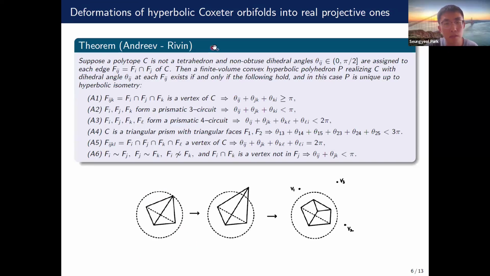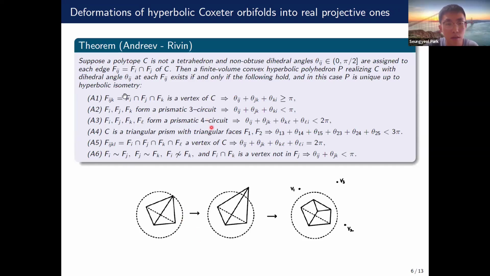A Coxeter orbifold is basically a convex polytope having some prescribed dihedral angles on its edges, and Andreev, I'm so sorry, Vinberg, found the necessary and sufficient condition for whether that orbifold can admit a hyperbolic structure or not.